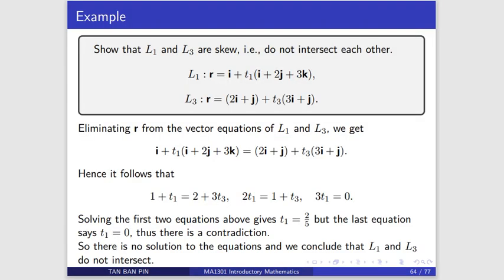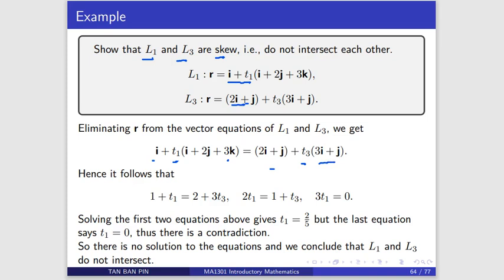In this example, you are asked to show that L1, L3 are skew lines. So you just need to equate the equation of L1 with L3. So it's i + t1(i + 2j + 3k) equal to 2i + j + t3(3i + j).